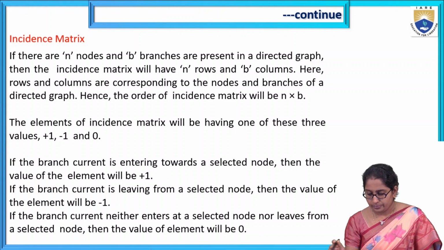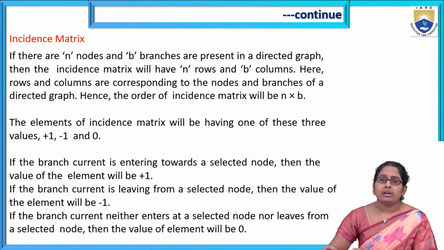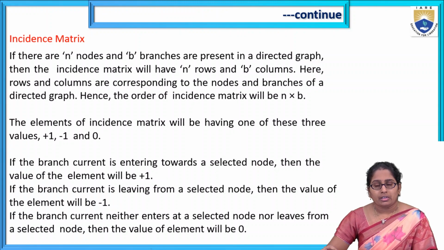To write down the incidence matrix, these are the points we need to keep in mind. Basically, the order of the matrix is n by b. n represents the number of nodes, b represents the number of branches, and the elements are plus 1, minus 1, 0, only three values.